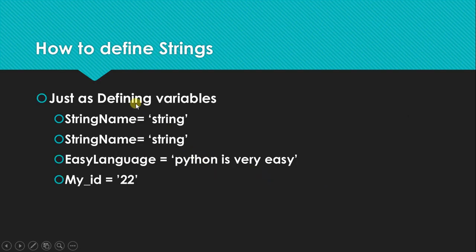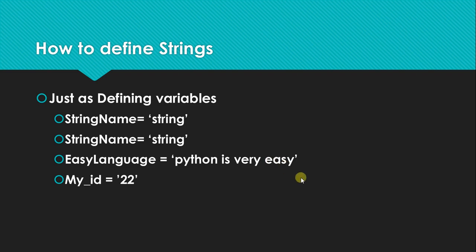And how do we define strings? Like we did with variables, you put the string name on the left-hand side and the string itself on the right. The string name should obey all the rules of a variable name, since it is a variable name. An example is easy_language = 'Python is very easy'.